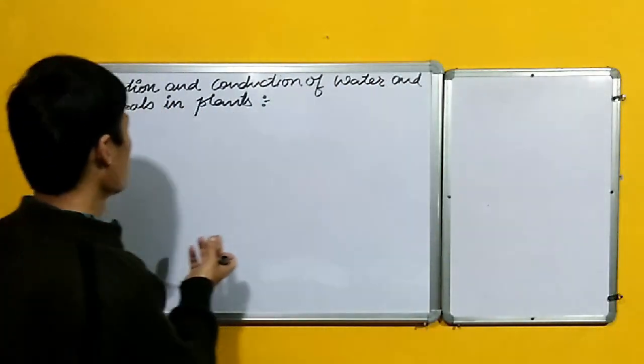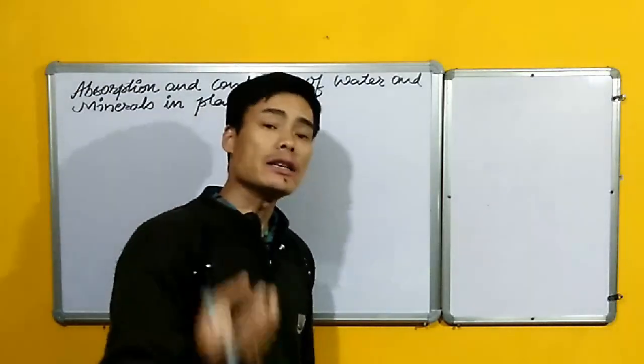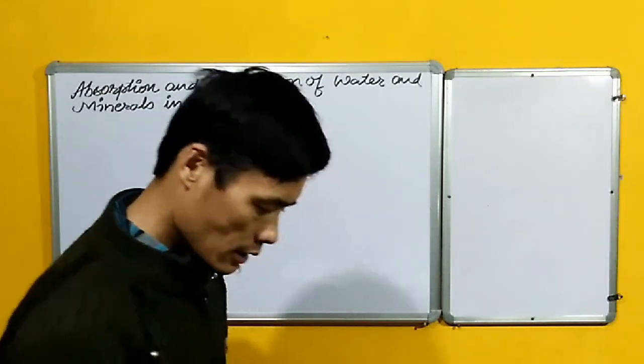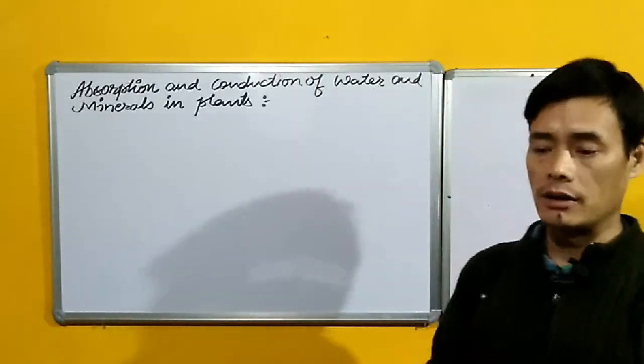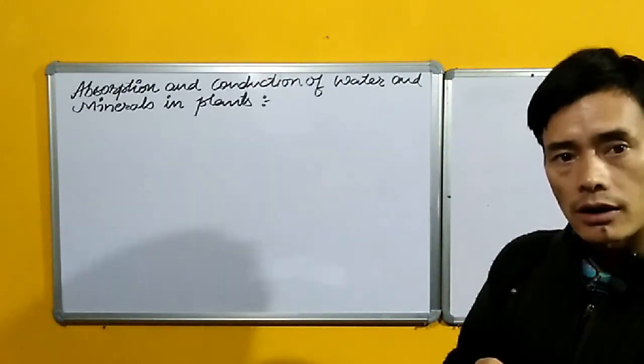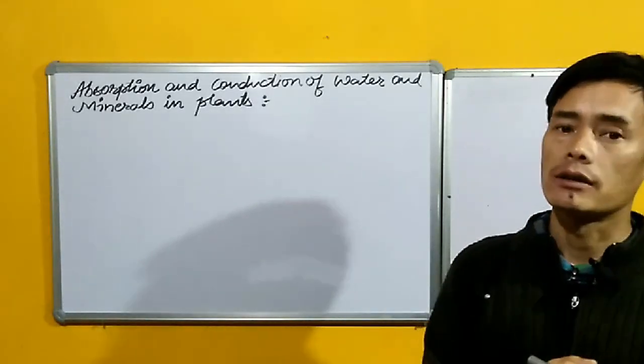So in this chapter, we shall understand the mechanism by which plants will acquire the necessary elements from the external environment.